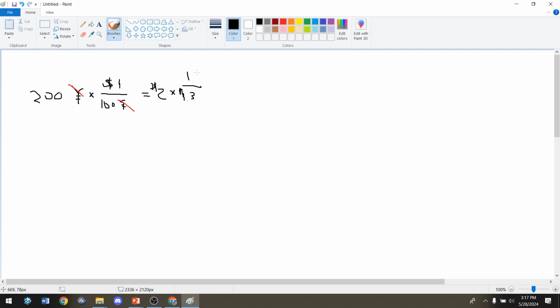I'm going to butcher this, it's like a cursive L, a little line there. Okay. And so now I can cancel my dollar symbol and my dollar symbol. At the end of the day, I would have 220 over 13 pounds, a little imperfect fraction there.